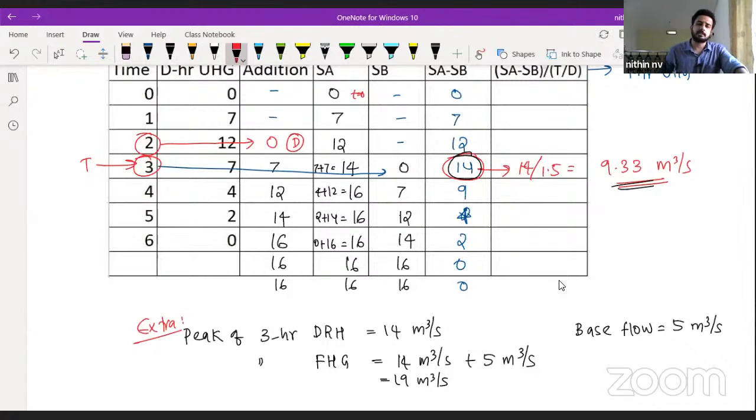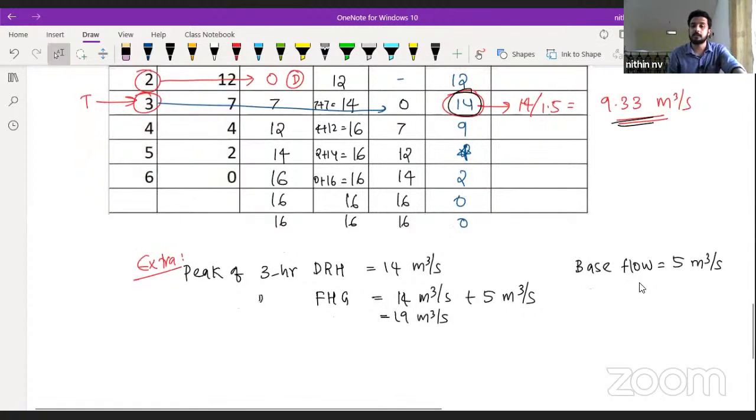If they are asking what is the peak of the resulting storm, flood hydrograph is also known as storm hydrograph, or total runoff hydrograph. DRH is direct runoff hydrograph. Total runoff hydrograph means flood hydrograph. Total runoff means direct runoff plus base flow.